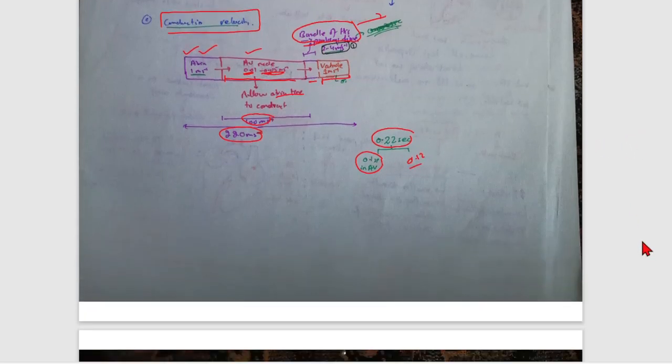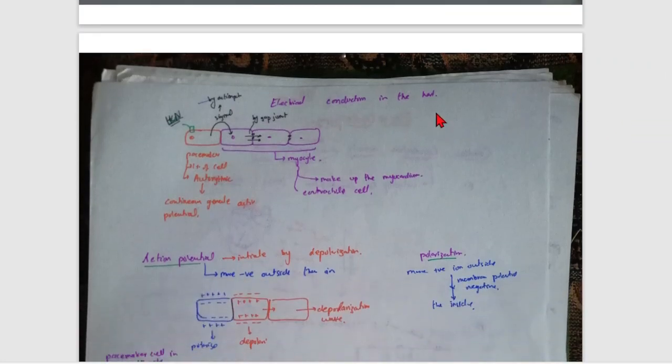Now come to the electrical conduction in the heart. For example, this is the HCN channel. When the HCN channel, the hyperactive sodium channel, is activated, sodium moves inside, and this is the pacemaker. 1% of the cells of the heart are SA node cells. If the heart has 100 cells, 1% are SA node. It automatically and continuously generates electrical potential.